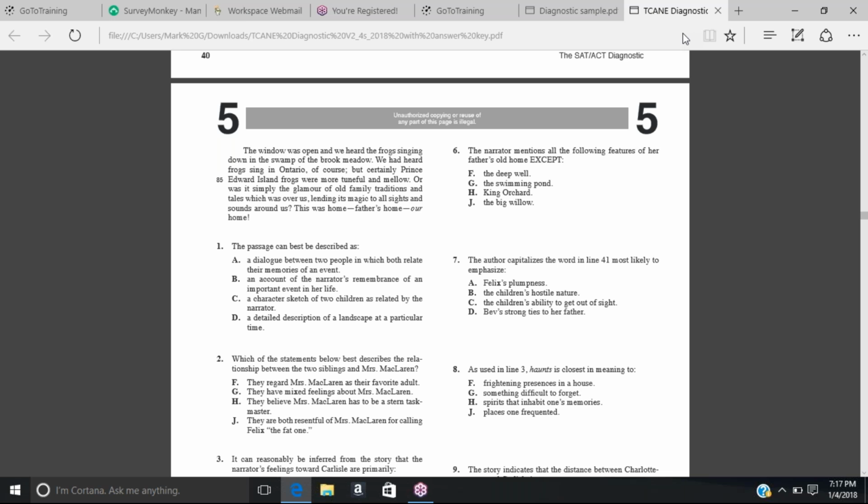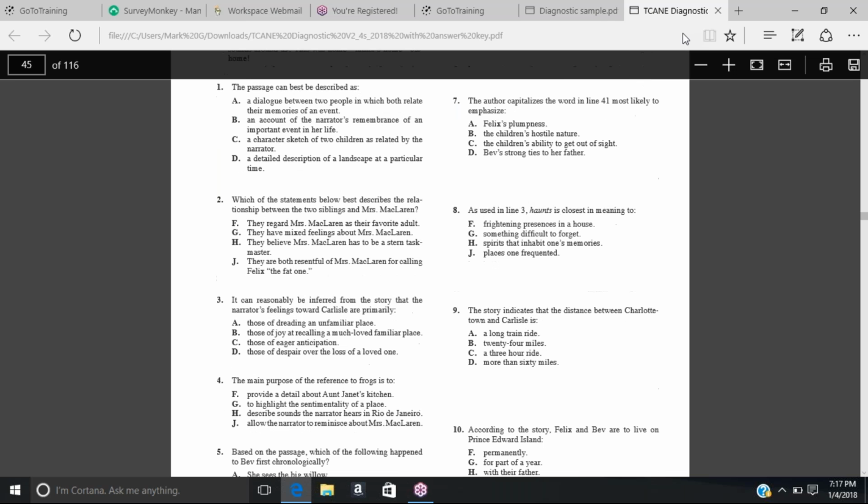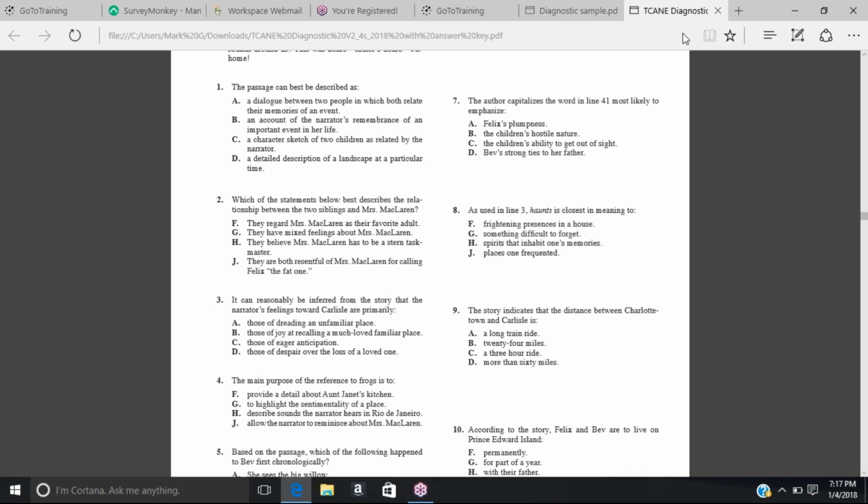Number 9 is pretty much a find-it as well. How do I find it? Even if the read was blurry. Can you scroll, Mark? Scroll down. Thank you. Yep. Number 9. It's asking about two proper names, Charlottetown and Carlisle. Use your scanning skills. It's a capital C. There aren't that many of them.